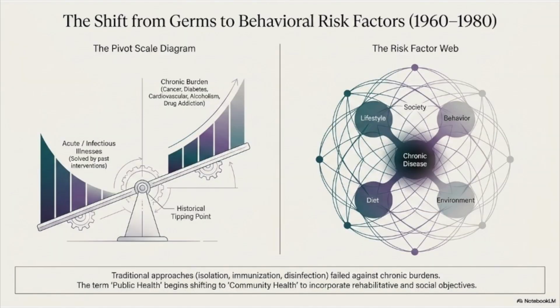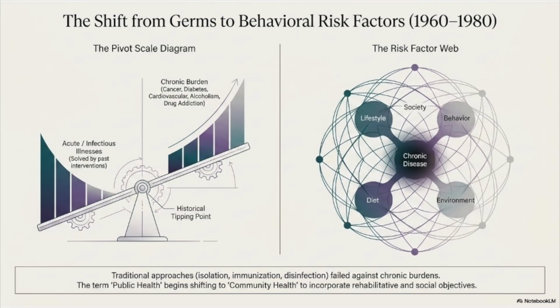The third phase, between 1960 and 1980, reflected another major transition. Many infectious diseases had come under better control through immunization, antibiotics, and improved sanitation. However, chronic non-communicable diseases such as cardiovascular diseases, diabetes, cancer, obesity, alcoholism, and substance abuse became increasingly common.